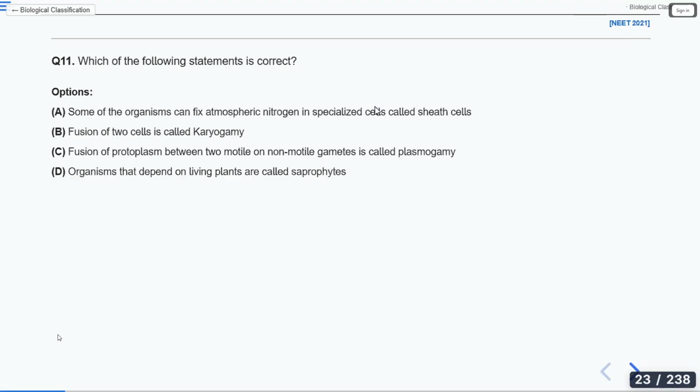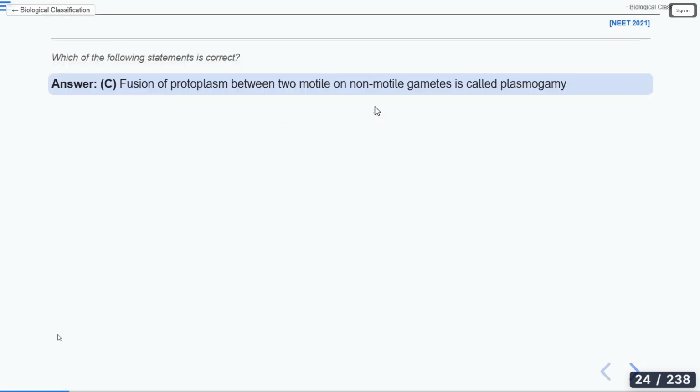Okay. What do you mean by karyogamy then? Fusion of nucleus. Okay, so option C is the correct answer. Fusion of protoplasm between two motile or non-motile gametes is plasmogamy.